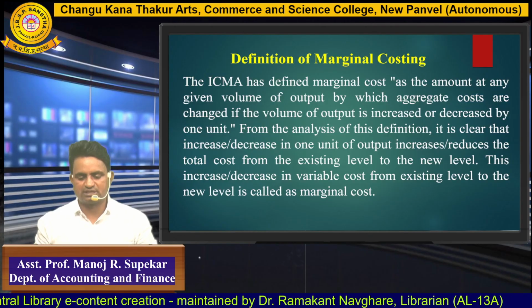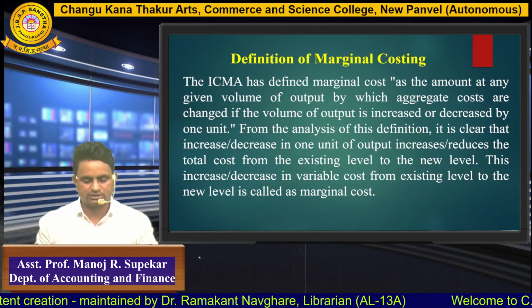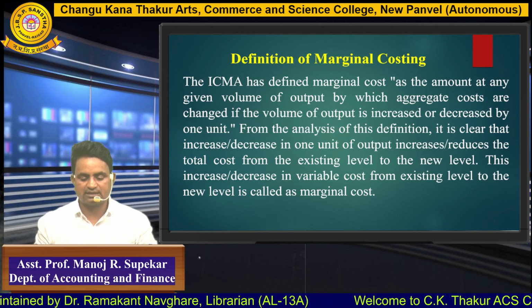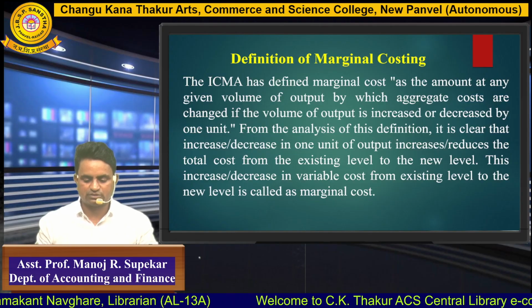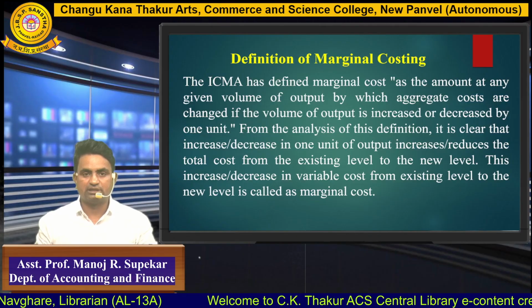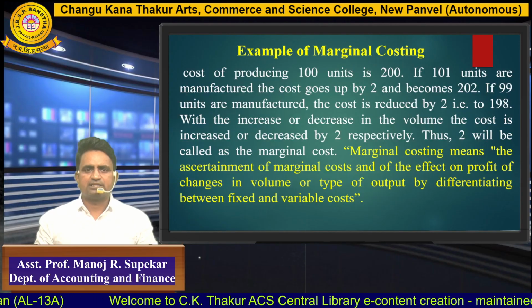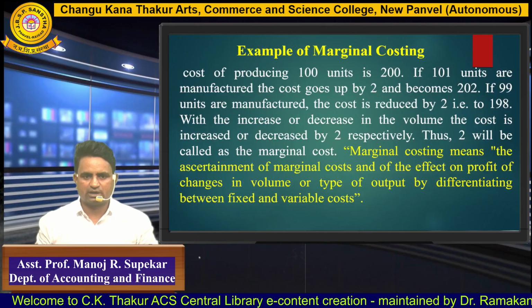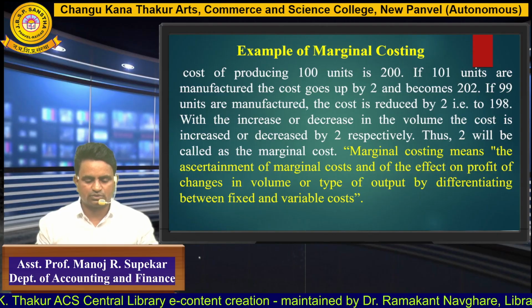From the analysis of this definition, it is clear that an increase or decrease of 1 unit of output increases or decreases the total cost from the existing level to the new level. This increase or decrease in variable cost from the existing level to the new level is called marginal costing. Now, there is one more very simple definition. Marginal costing means nothing but the cost of a product which is manufactured by the manufacturing concern. So that is called marginal costing.